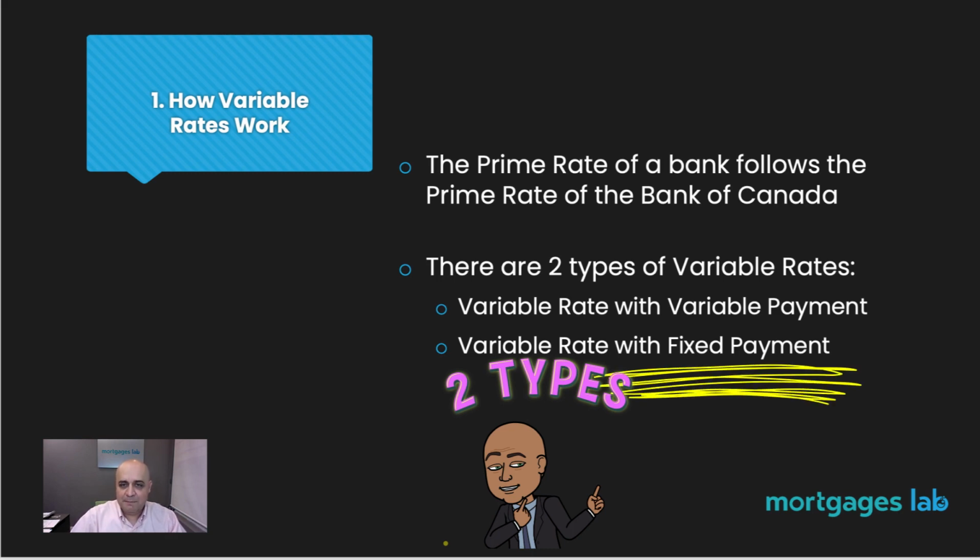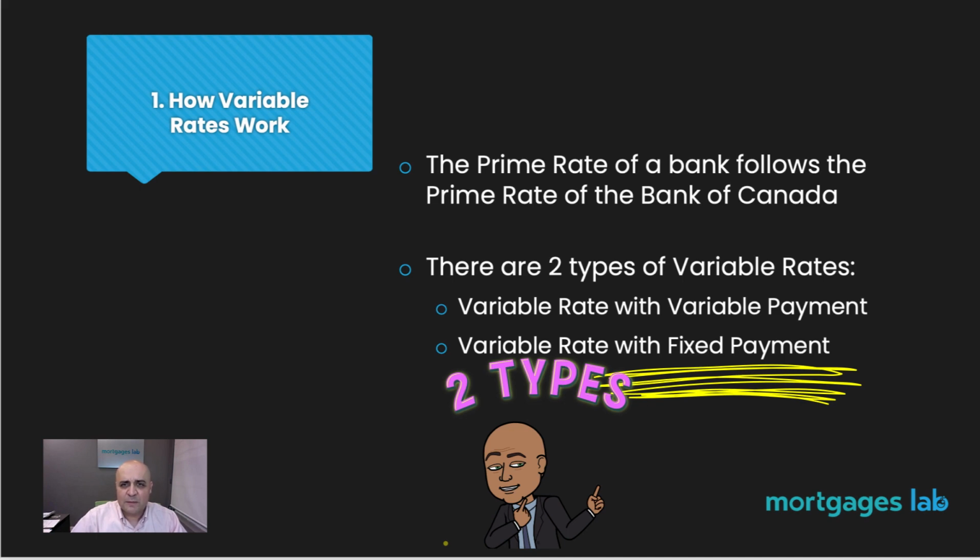So the payment will not change, but if the interest rate changes, what that means is within that payment, you're paying a little bit more interest or a little bit less interest, which means less interest will mean more principal, okay?